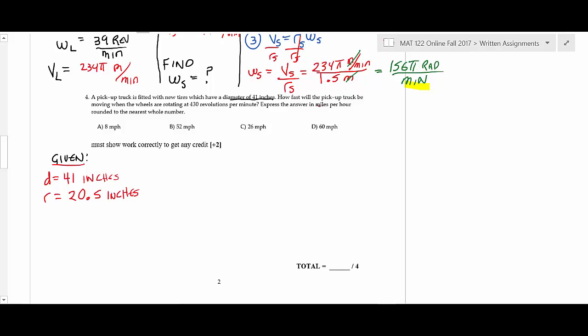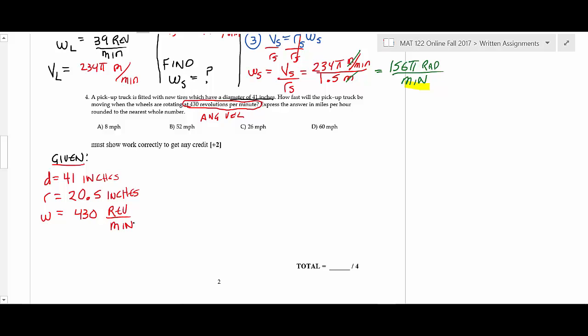Okay, now it says, how fast will the pickup truck be moving when the wheels are rotating at 430 revolutions per minute? Okay, so you've got to know what this is. See, this is an angular velocity because it's in revolutions per minute. So that means that our angular velocity is 430 revolutions per minute.